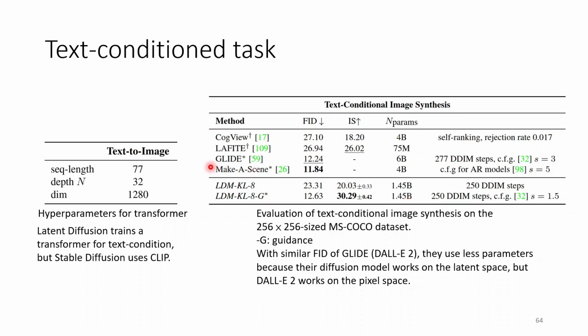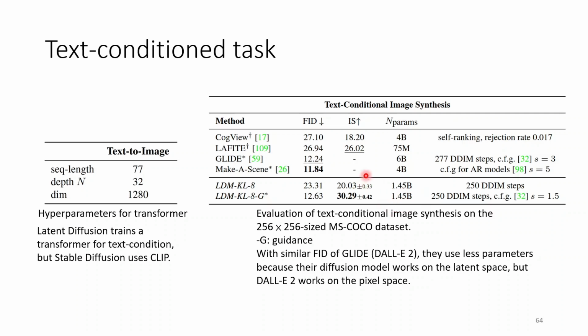But see, this is GLIDE. GLIDE is the paper for DALL-E version 2. This is DALL-E 2, okay? And for DALL-E 2, they need 6 billion parameters. So it is 4 times of the LD, latent diffusion. So latent diffusion can run on most consumer machines.